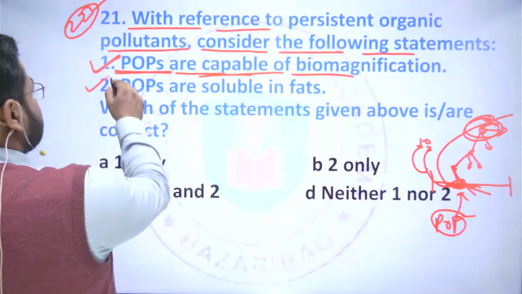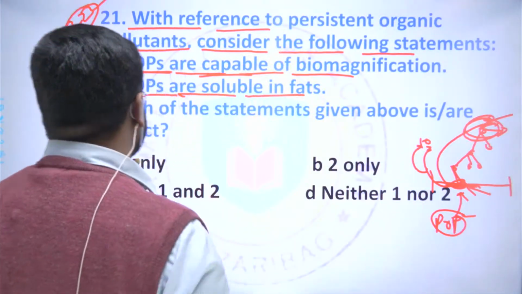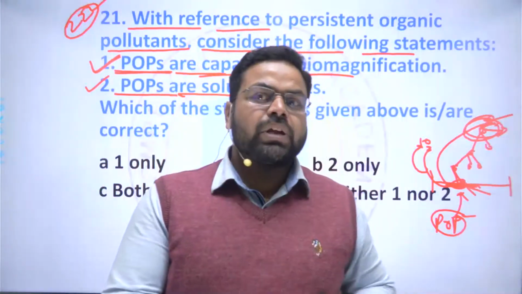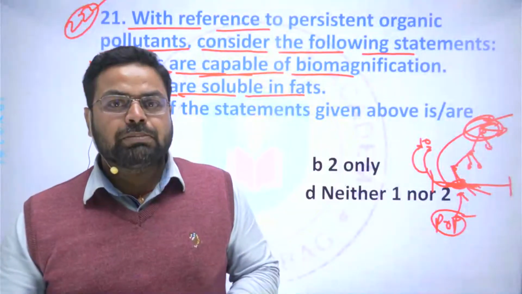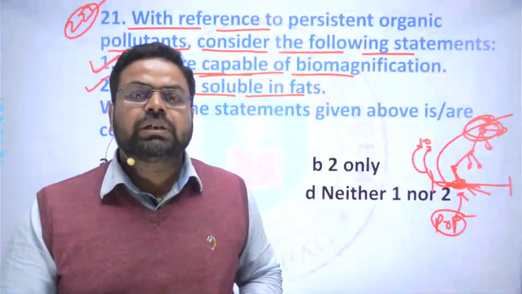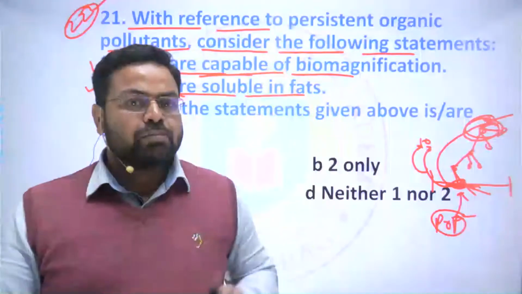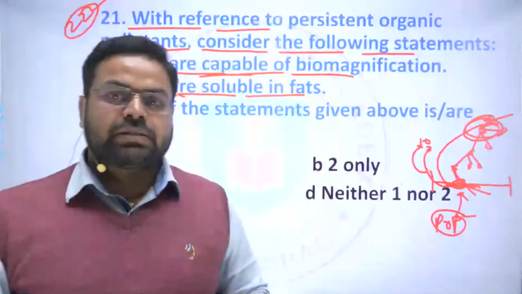Next statement says that the POPs are soluble in fat. This is again a correct statement, because if it were a water soluble material, then it could have been filtered down and come out of the body of the organisms or animals with their excreta.